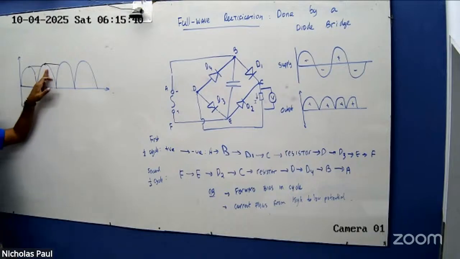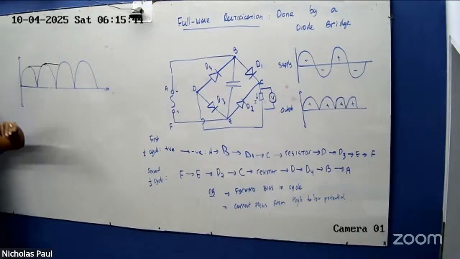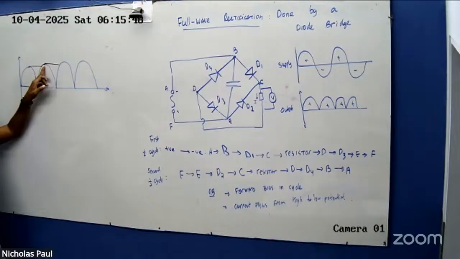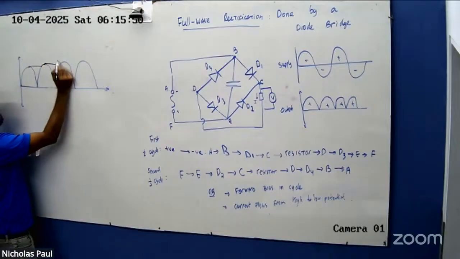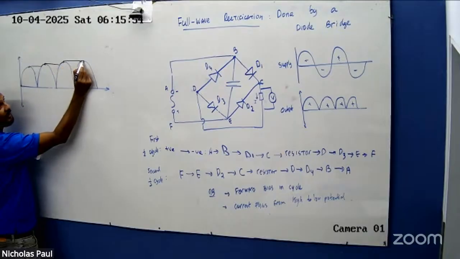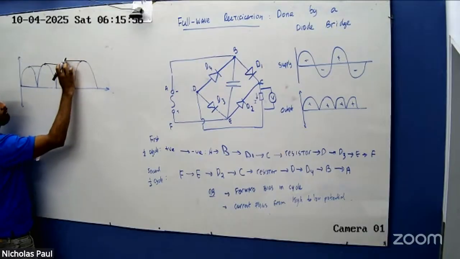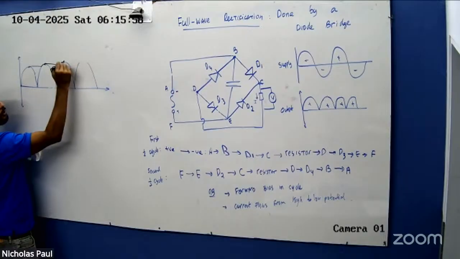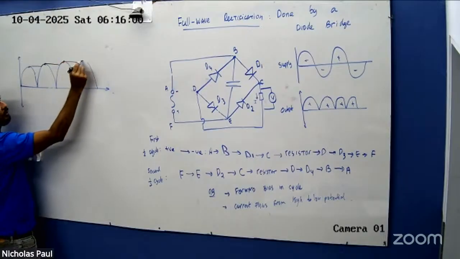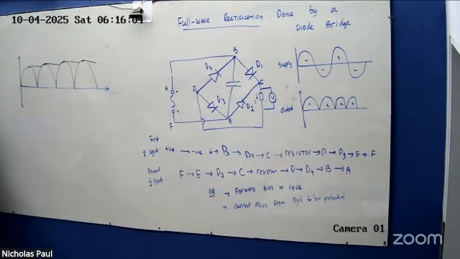Although it's not looking perfectly smooth, the bigger the capacitor the more it will smoothen out, because it doesn't need to charge back up here. That's okay? Then it will charge a little bit, then discharge, and so on. So it's not perfectly a straight line.